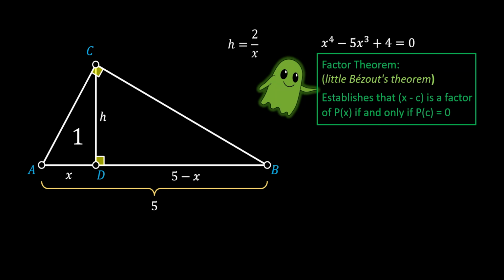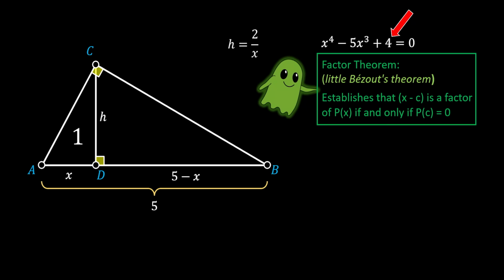Great, but how to find the value of c for our polynomial? Actually, the value of c can usually be found by using the factors of the last term of our polynomial, which in our case is 4.